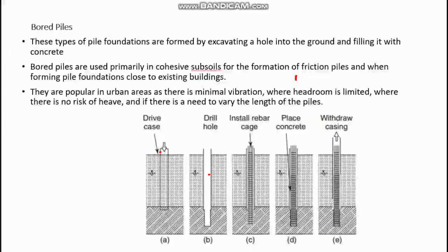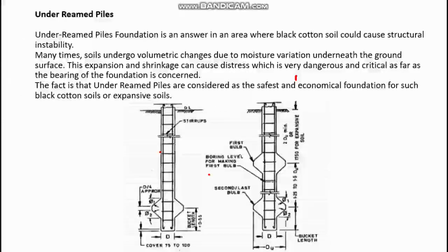So there are also under-reamed piles. The under-reamed pile foundation is a major answer to an area where the black cotton soil could cause structural instability. Many times soils undergo volumetric changes, as I mentioned in the last point when we were discussing where pile foundations are applied, the instability of soil when there is expansive soil, etc., because of the moisture variation.